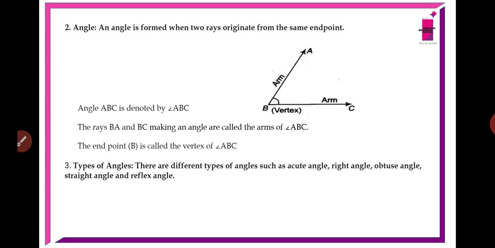The types of angles: there are different types of angles according to their measure, such as acute angle, right angle, obtuse angle, straight angle and reflex angle, and also complete angle.